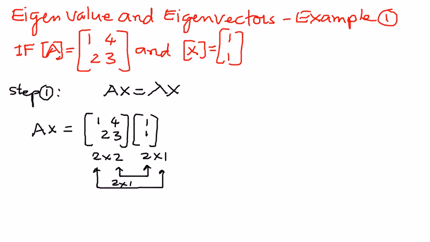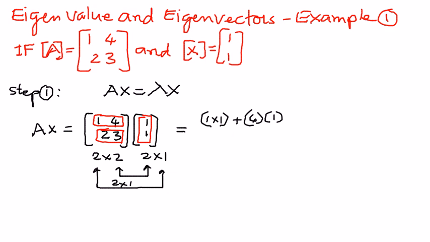So let us expand this. The way we can expand this is as follows. We take the row of the first matrix and then multiply to the column of the second matrix. 1 times 1 plus 4 times 1, that is the first row, first column of the product matrix. And then we take the second row and do the same thing.